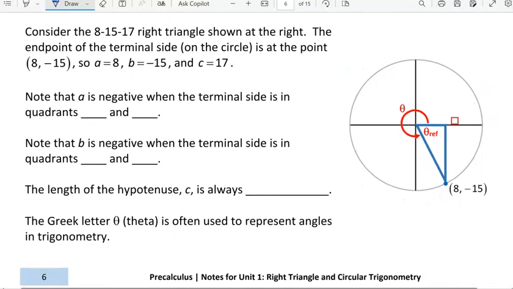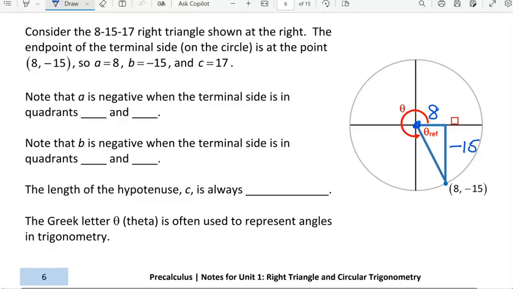All right, in the picture down below here, we consider that 8, 15, 17 right triangle that's shown to the right. The endpoint of the terminal side, which is on the circle, is at the point 8 comma negative 15. So that means that from the origin, we have to go right 8, down 15 to get to that point.